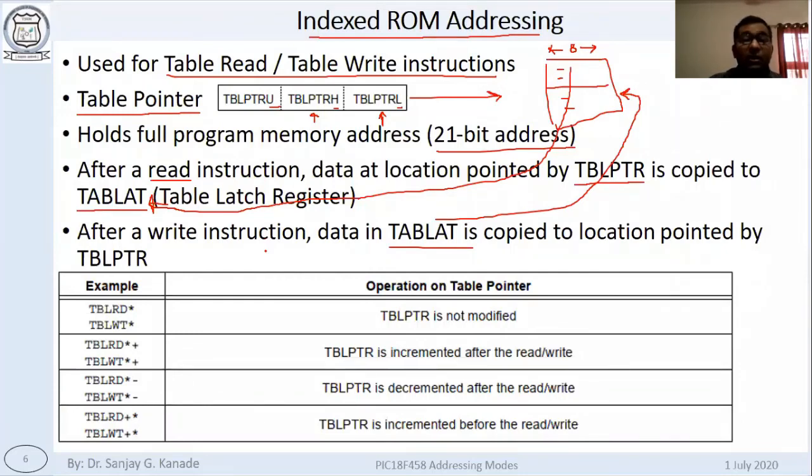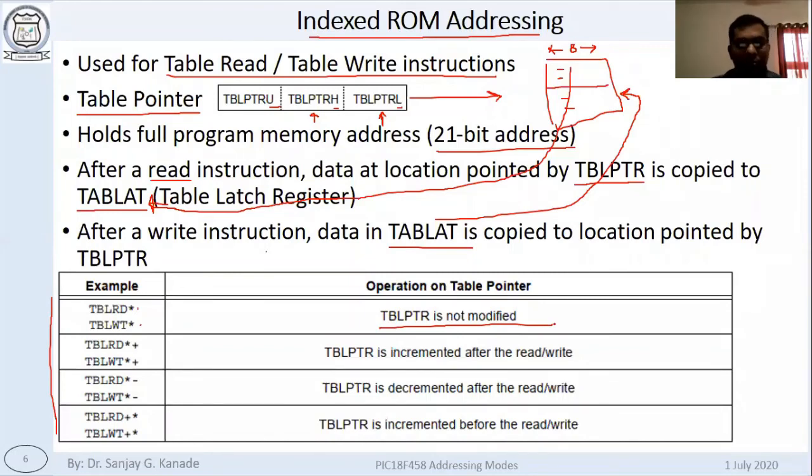But there are some additional things when there is a table read or table write, and those are listed here. TBLRD*, TBLWT*, RD for read, WT for write. When there is only this star, it means either the read or write operation will happen, whichever instruction comes, but the table pointer is not modified.